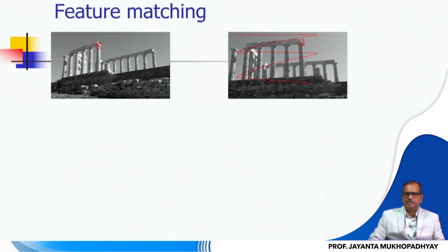The kind of distributions you are talking about could have transformations for rotation, or three-dimensional projectional transformations. That means you have two different views of a camera, as happens here, where it is taken from two different views. There could also be scale changes, that means you are taking images from a distance, or a bit nearer. So this kind of matching problem is always challenging.